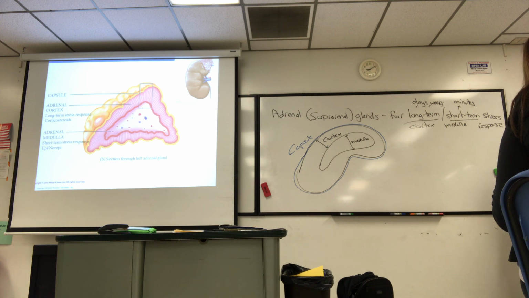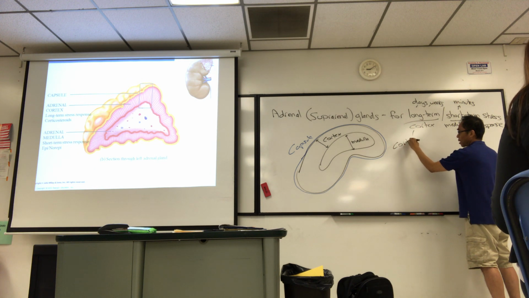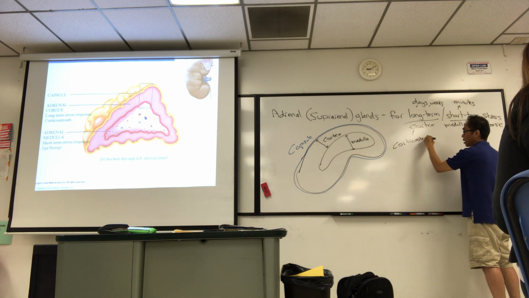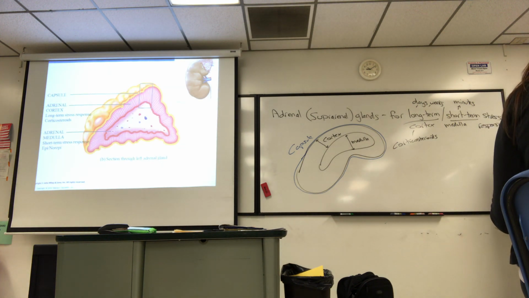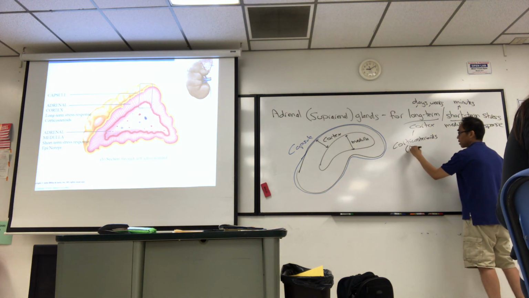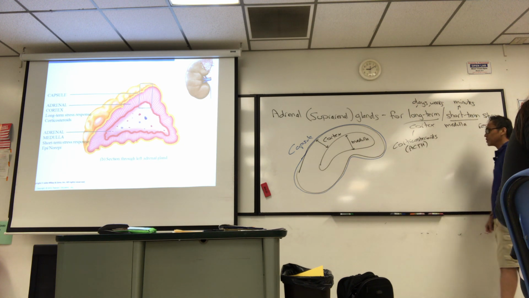So the secretions are, the cortex will secrete major classes of corticosteroids. They are under the control mostly of ACTH. ACTH is the hormone from the pituitary that targets the adrenal cortex.